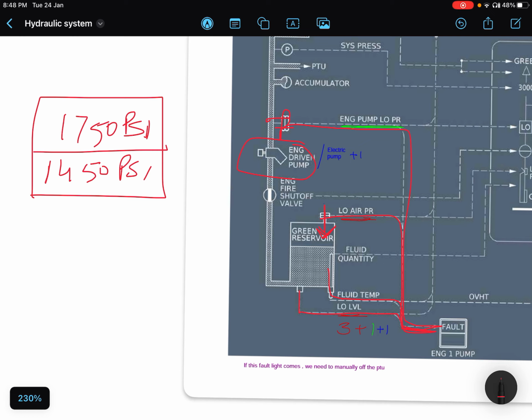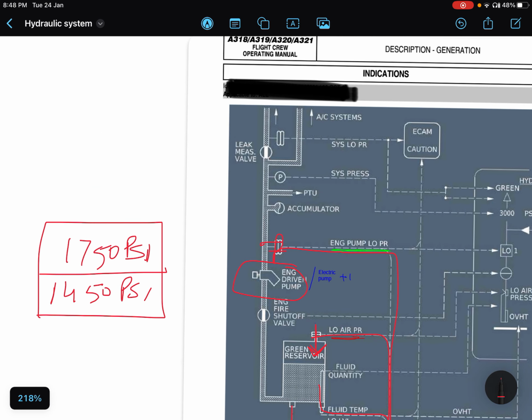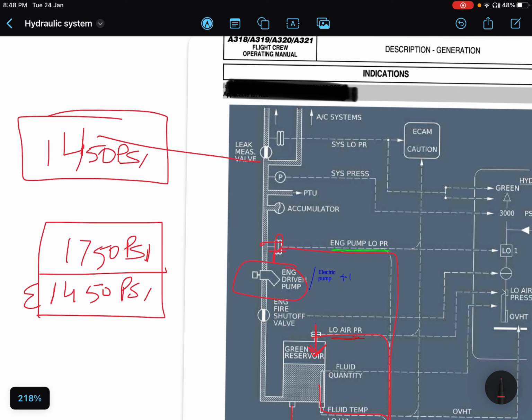When it is considered that the system has low pressure, this is the engine pump low pressure. Whenever the whole system pressure goes below 1450 psi, 1450 psi. So for electric pump and for the whole system, it is the same number. Are you getting it? Okay.